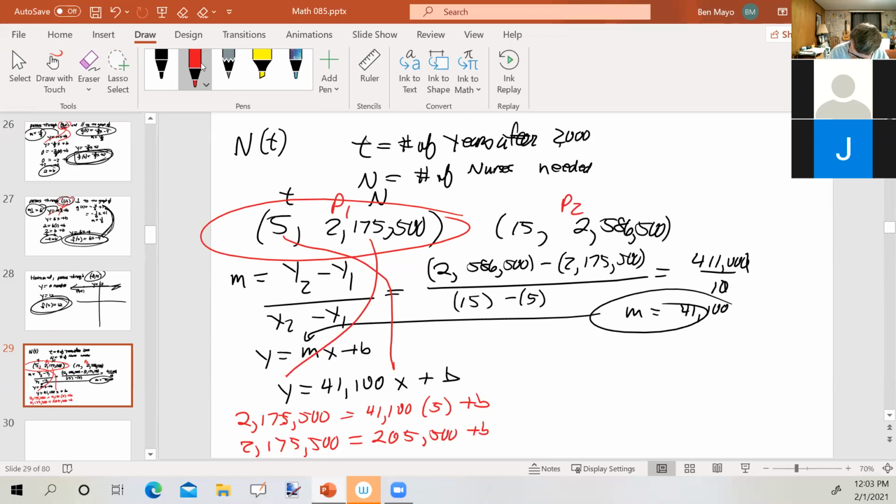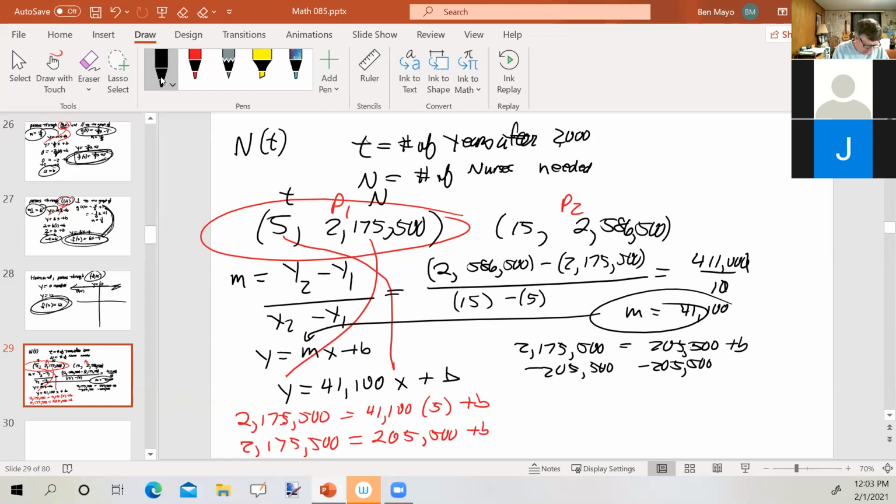I'm going to recopy that up here: 2,175,500 equals 205,500 plus b. I'm going to subtract 205,500 from both sides.